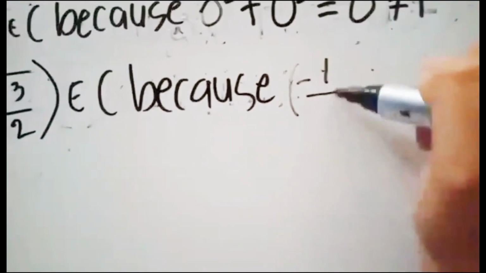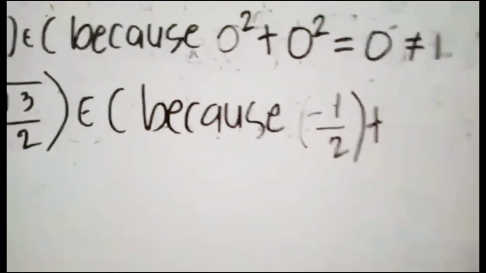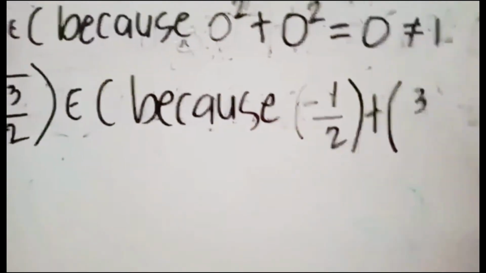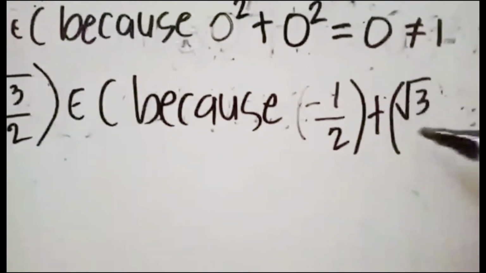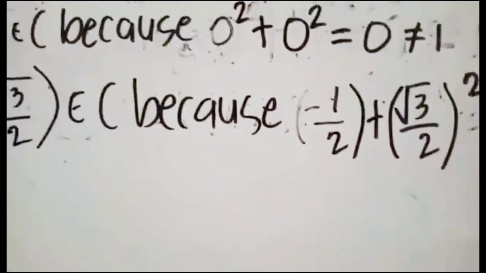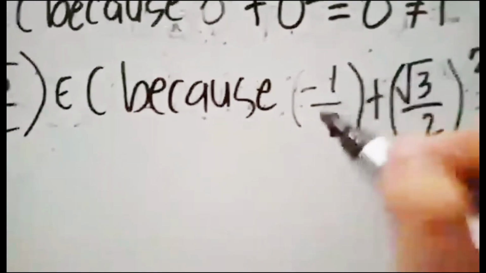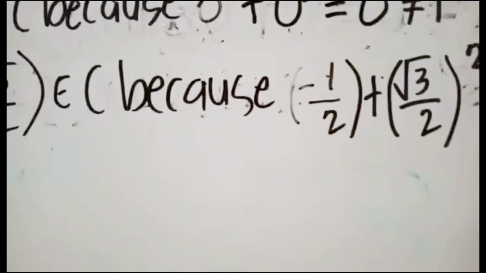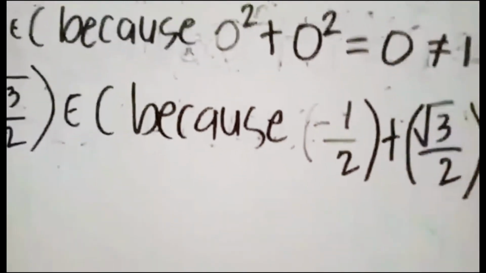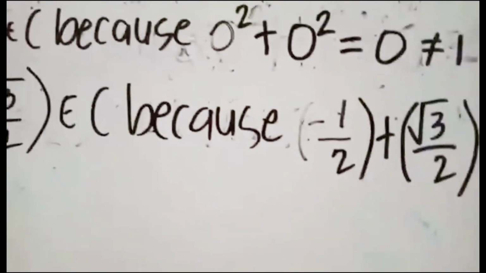Negative 1/2 squared plus square root of 3 over 2 squared is equal to 1/4 plus 3 over 4, since 2 times 2 is equal to 4.